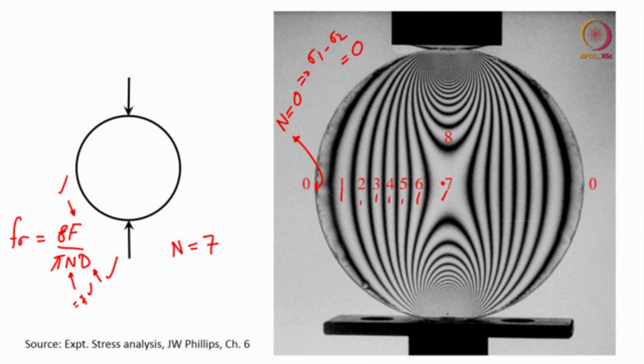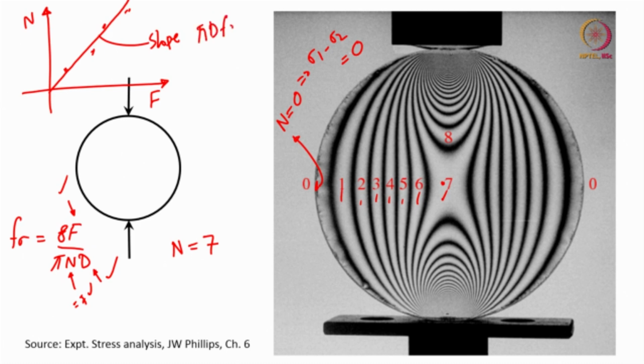The most common way of doing this calibration, of course, in a practical sense, is to plot the fringe order n as a function of load, or load as a function of fringe order. So, your F is on the x axis and your fringe order is on the y axis. You increase the load from 0, keep going up, and then you see which fringe is right in the middle. Obviously, the fringes will all move around. So, you will get something like this, then you put a best fit line, slope of the line will give you pi d f sigma by 8.